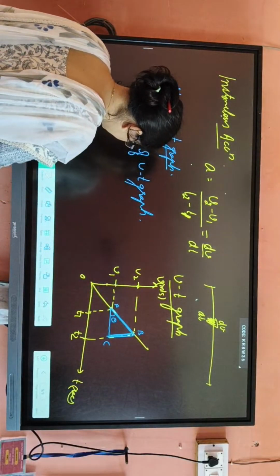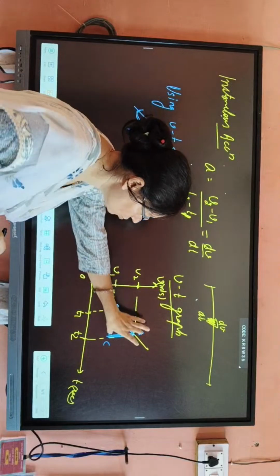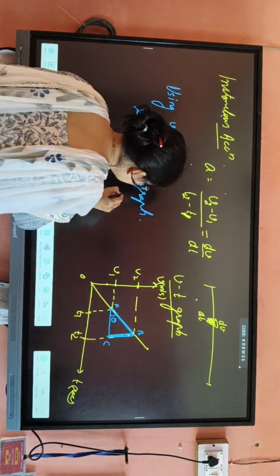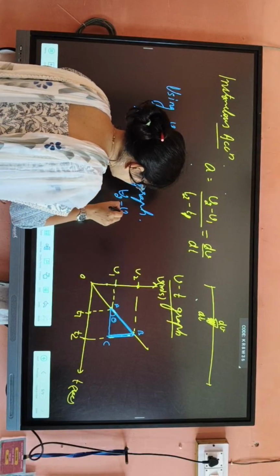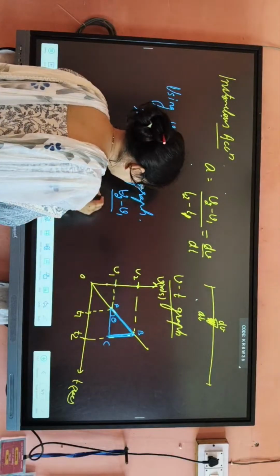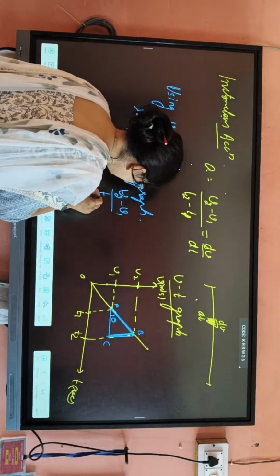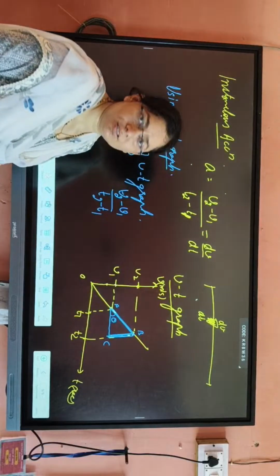Then slope how we can write, beta, change along y axis to the change along x axis. Change along y axis कितना change हो रहा है? v2 minus v1, final minus initial. Change along x axis, final minus initial, t2 minus t1.